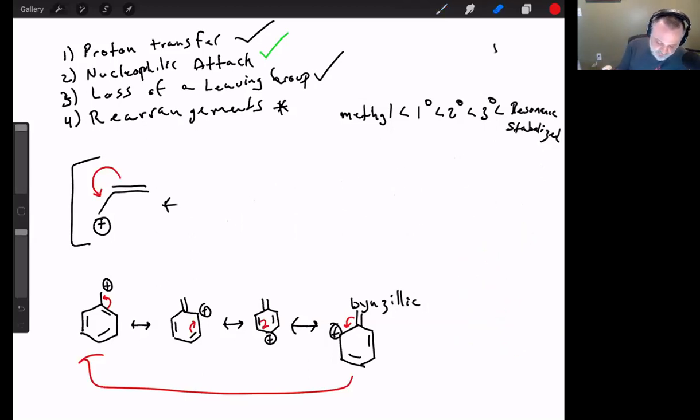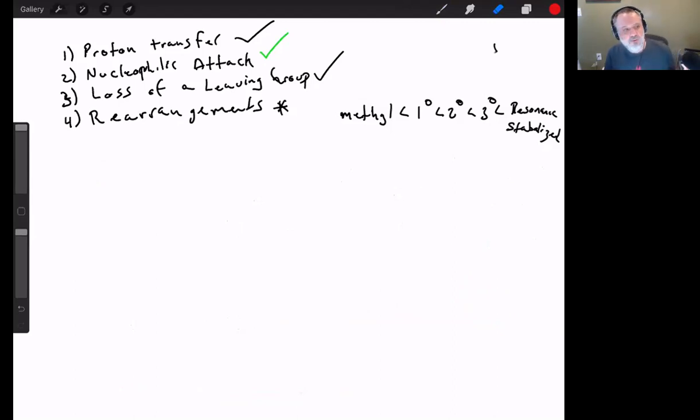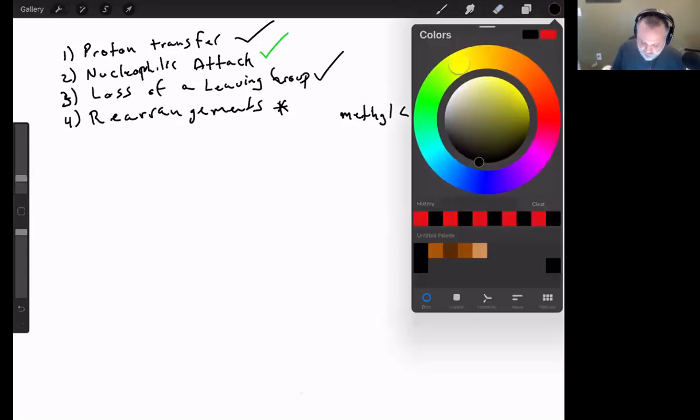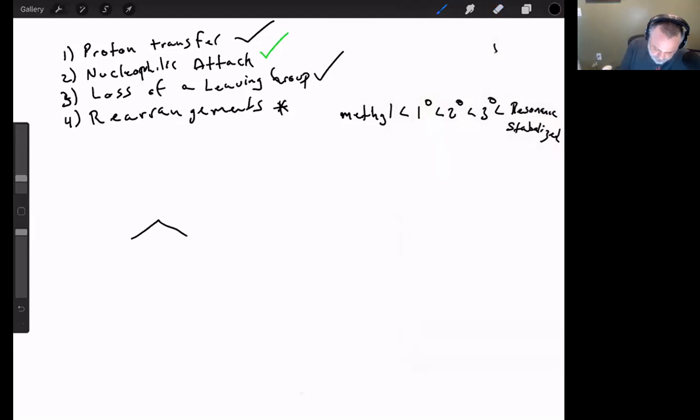All right, so let's actually talk about rearrangements for a second. Does anybody have any questions about cations in general before we talk about rearrangements? All right, cool. So what's up with a rearrangement? Let's say that I have a primary carbocation.